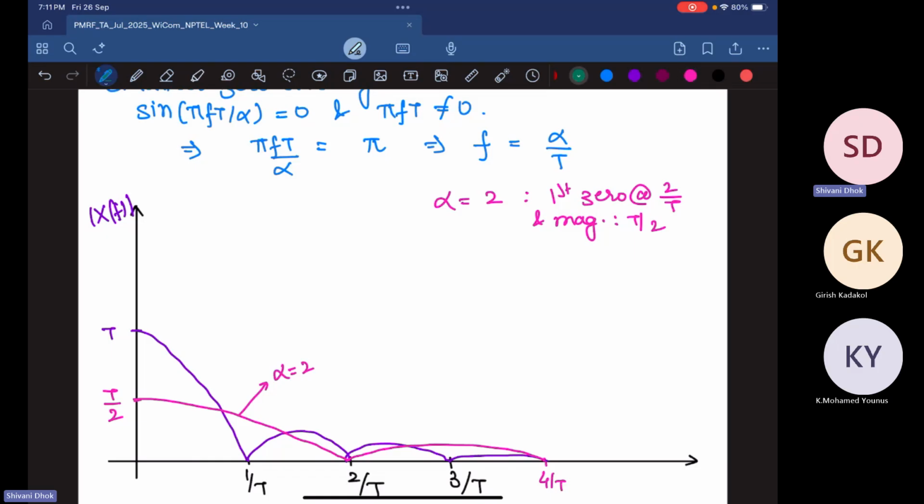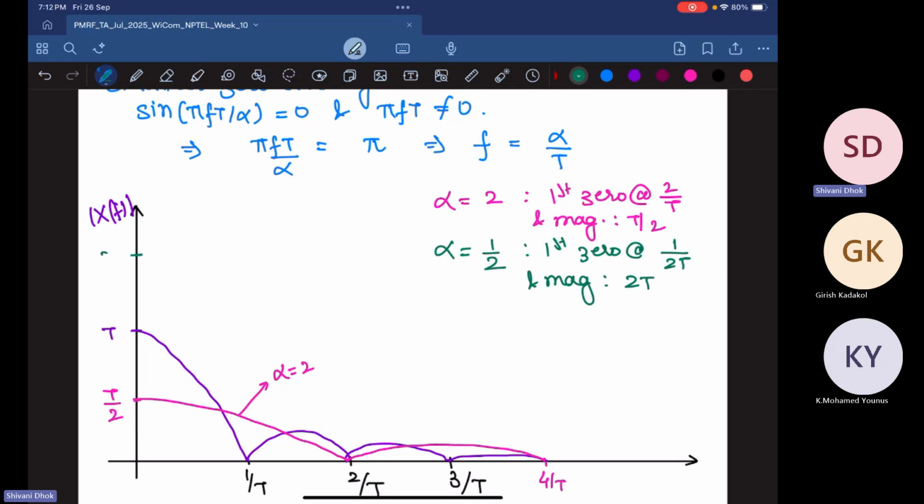And if I have alpha equal to half, then the first zero occurs at alpha by T, so this will be at 1 by 2T, then it will be at 1 by T, and so on. And the magnitude is T by alpha, so T by 1 by 2, that becomes 2T.